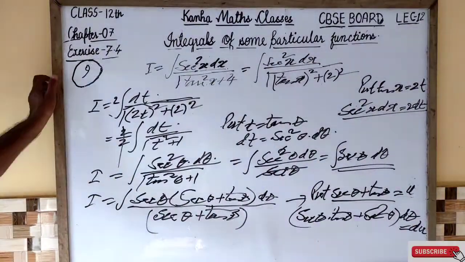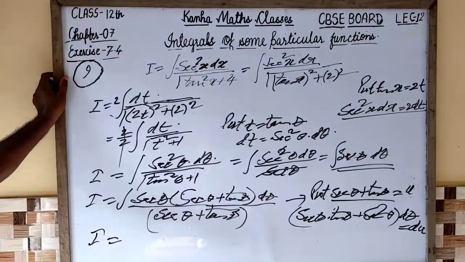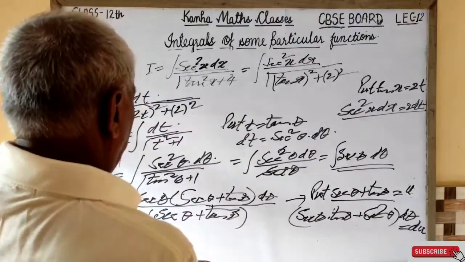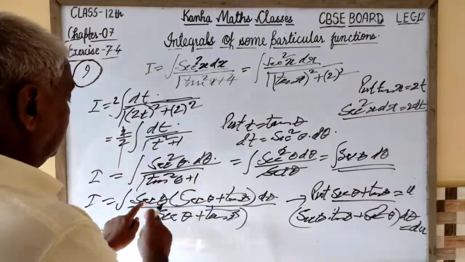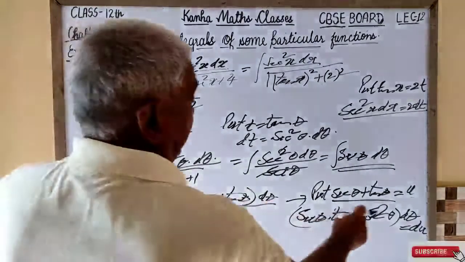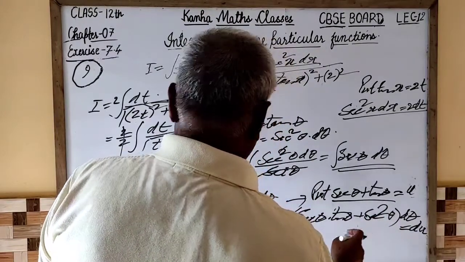Now this integral will be in the final step. If you observe the numerator, this is sec square theta plus sec theta tan theta.